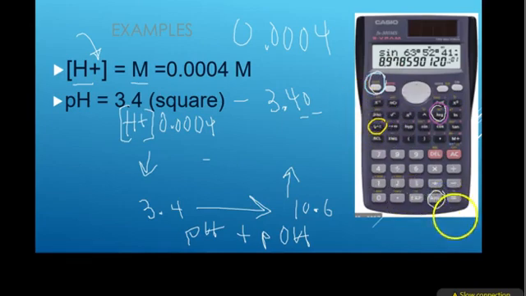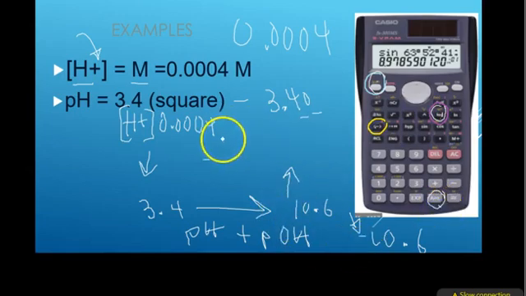My answer is already negative now because my calculator says right this minute negative 10.6. If yours has a positive number, then you're going to have to take the shift log of the negative 10.6.